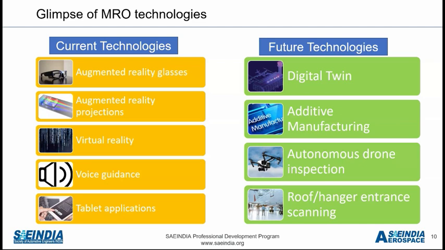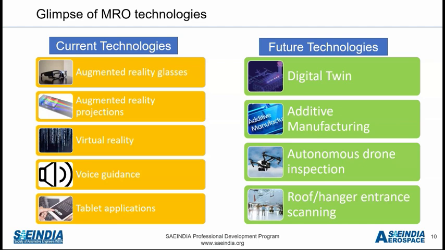They want to make sure that these kinds of maintenance costs are reduced, and one of the ways to reduce them is to have a very quick turnaround time from the MRO's facilities. That is one of the reasons these organizations are looking at implementing current technologies, and also looking at future technologies.